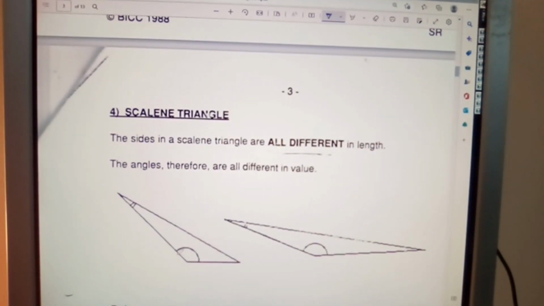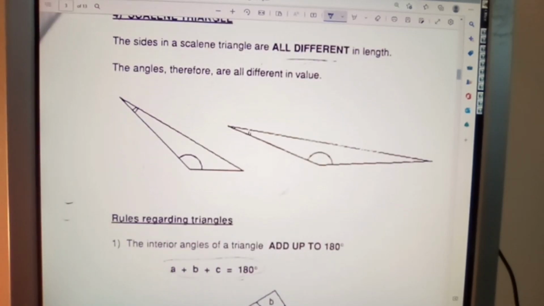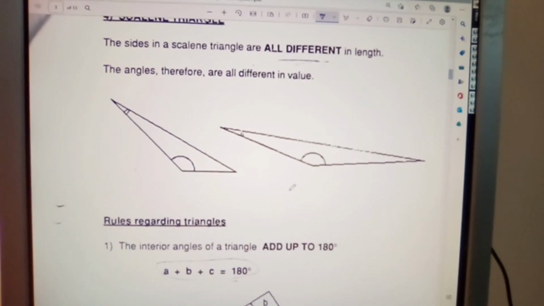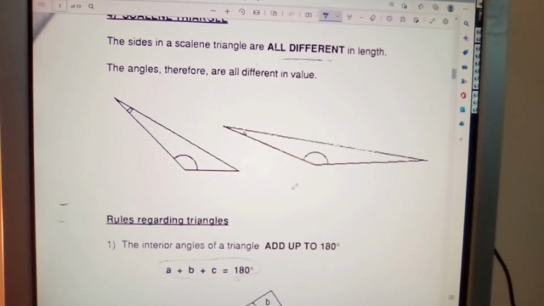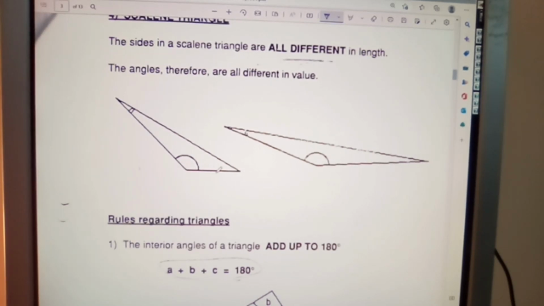So let's look at the rules. Rules regarding triangles.